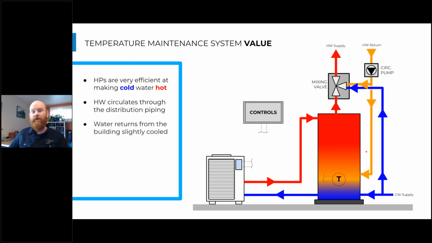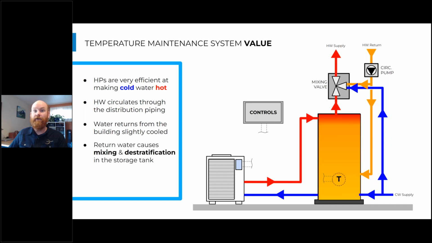With that return water mixing in continuously or nearly continuously into our primary storage tanks, we end up destratifying the tank. Before, we essentially had a fully charged battery with this storage tank, as we had a lot of hot water all the way down to this temperature sensor here.